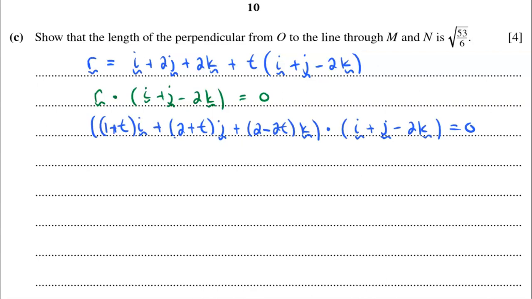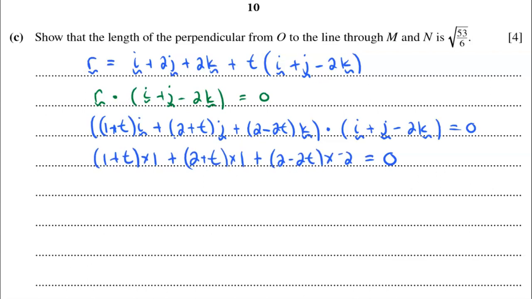To do the scalar product, we multiply x by x, y by y, and z by z. Or in other words, what's in front of the i is the x, what's in front of the j is the y, and what's in front of the k is the z. So we're going to get (1 plus t) multiplied by 1, plus (2 plus t) multiplied by 1, plus (2 minus 2t) multiplied by negative 2, equals 0.